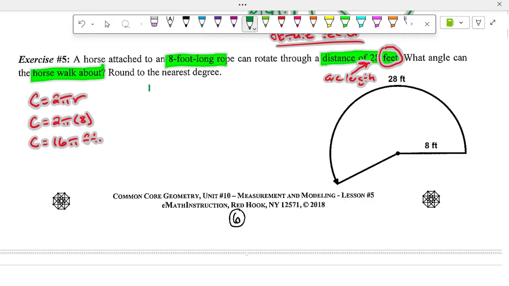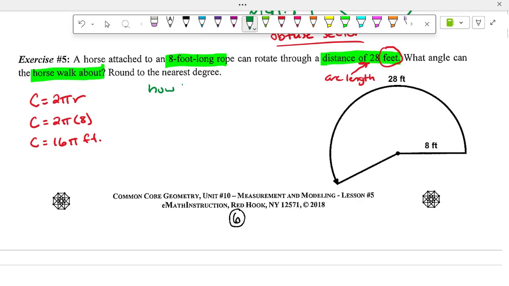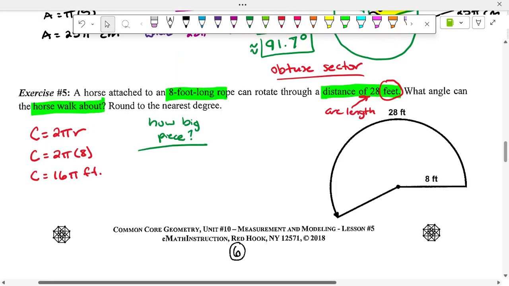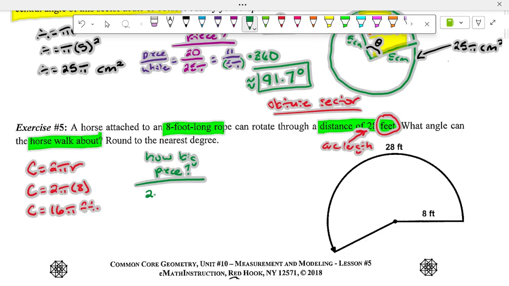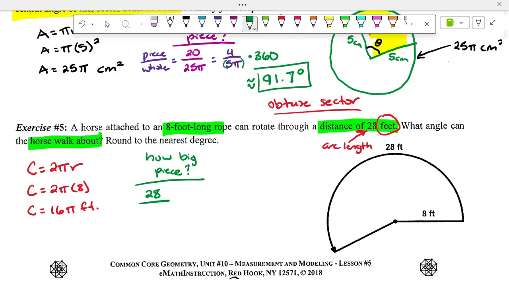Now, I need to figure out how big this piece is, or what fraction of the whole circle this is. How do I find that? What did we do in the previous problem? What did you get, 28 over 16? You do the piece divided by the whole.